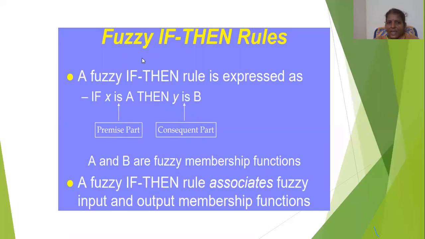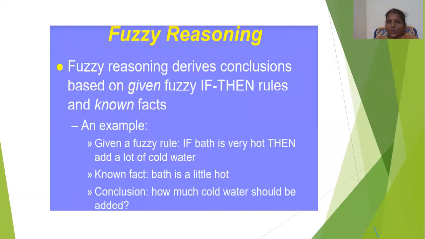In the if part you have A, and in the then part you have B. So here A and B are fuzzy membership functions. The fuzzy if-then rule associates fuzzy input as well as output membership functions. We will be using these if-then rules for reasoning.